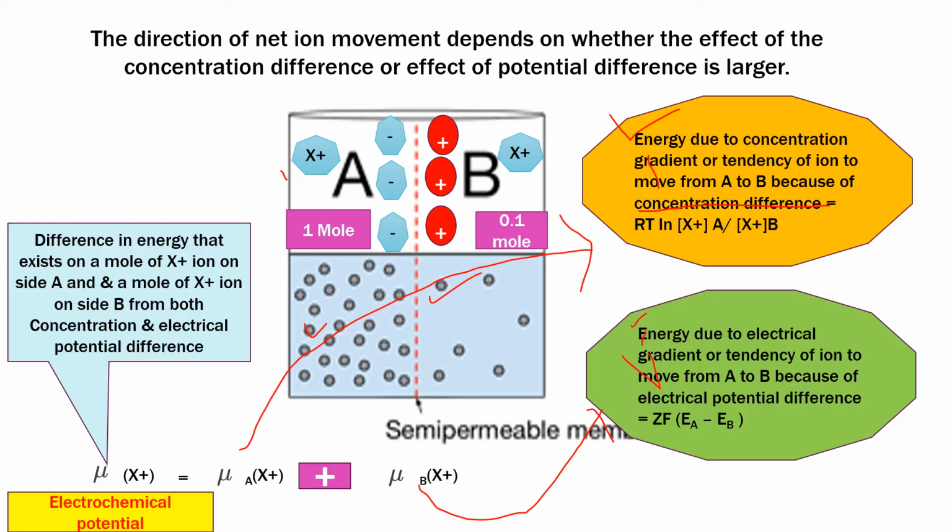Now, this energy due to concentration gradient is the tendency to move from A to B because of the concentration gradient. How can we calculate it?